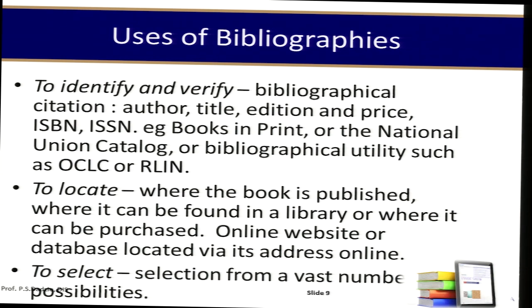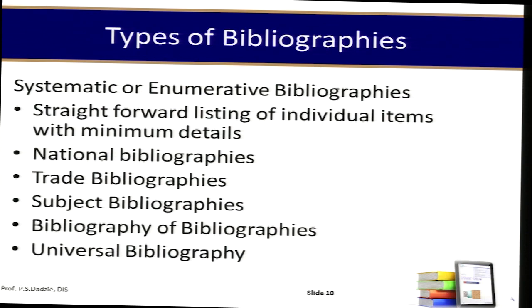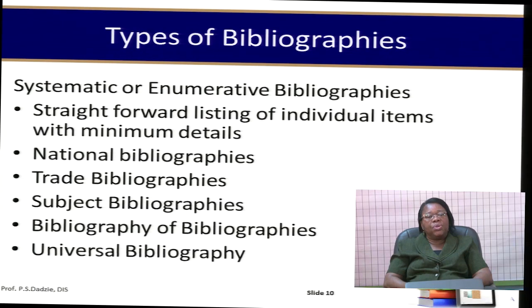So the three main uses of bibliographies include identification and verification, location, and selection. There are several types of bibliographies, and we refer to these as systematic or enumerative bibliographies. Examples include national bibliographies, trade bibliographies, subject bibliographies, bibliography of bibliographies, and universal bibliographies.